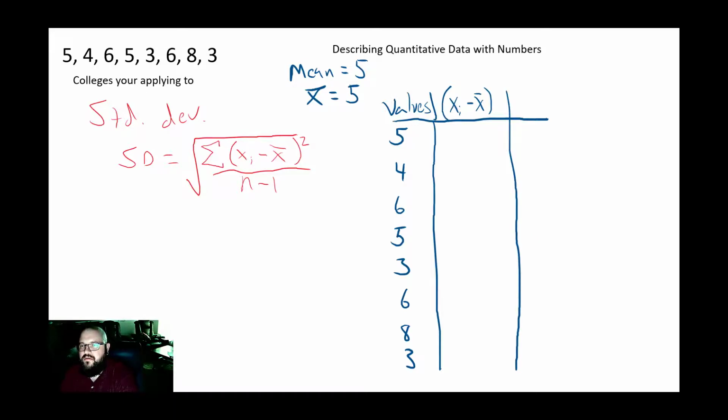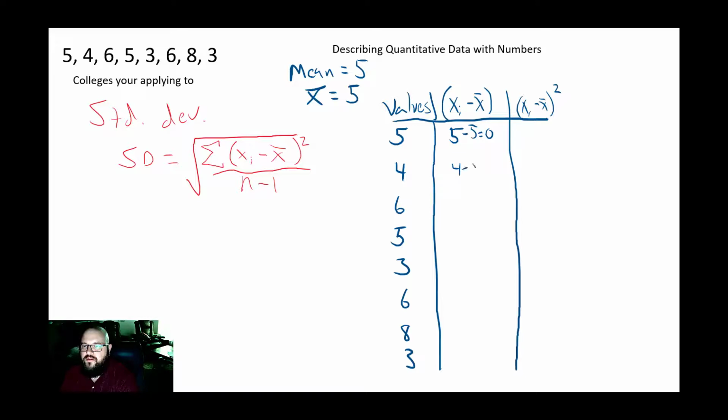And then on this last one, we're going to take that value and square it. So to do this, again, we had 5 minus 5, which gets us 0.